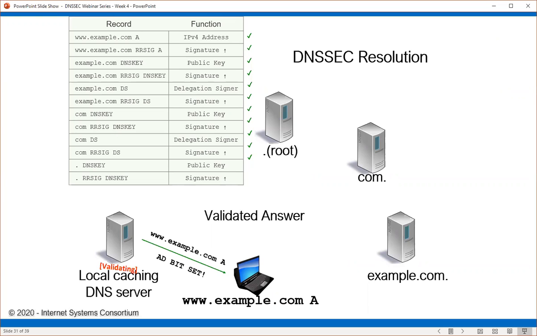Now, it says there that the AD bit is set. That is a possibility, but is not necessarily the case. Well, actually it is. If it's DNSSEC validated, you're going to get back the AD bit. It may actually come back with the signature data if you send the DO bit. You can set the AD bit.